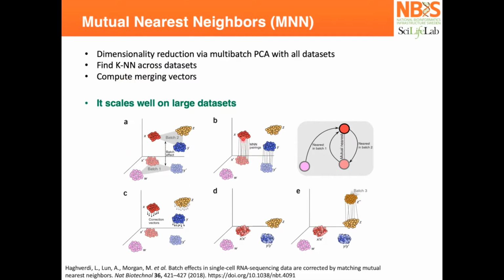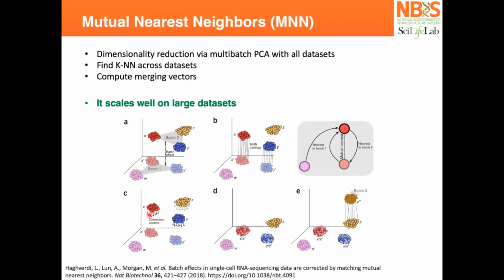And then these neighbors here will be paired, for example, and some of those cells will not have a matching pair here, but that is okay, because based on these pairs we can find the vectors that are necessary for one batch to merge into the other one.